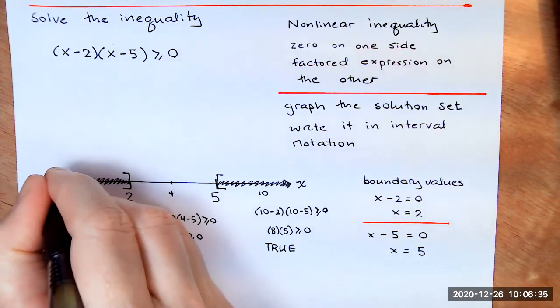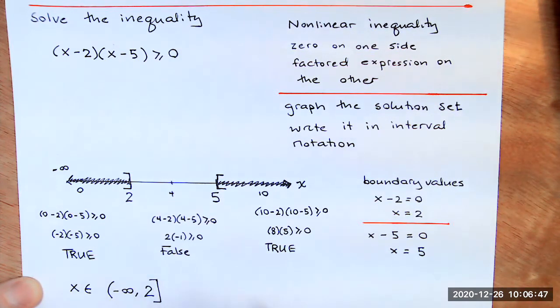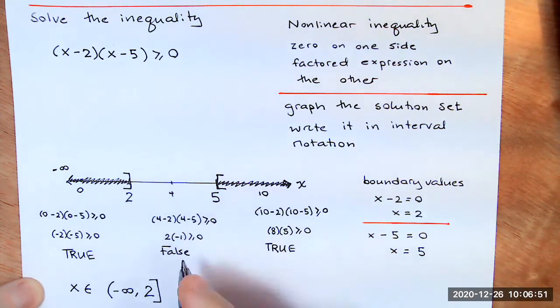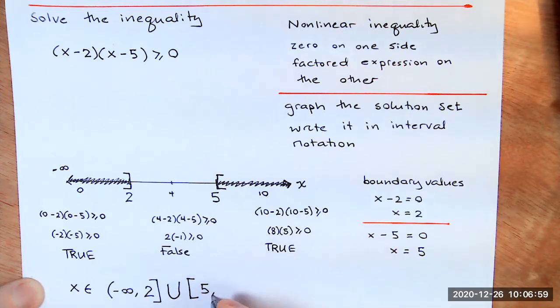This goes from -infinity, which always gets a curly bracket, to 2, which gets a square bracket. And because it's this set or this set, we use union. And then 5 to infinity.